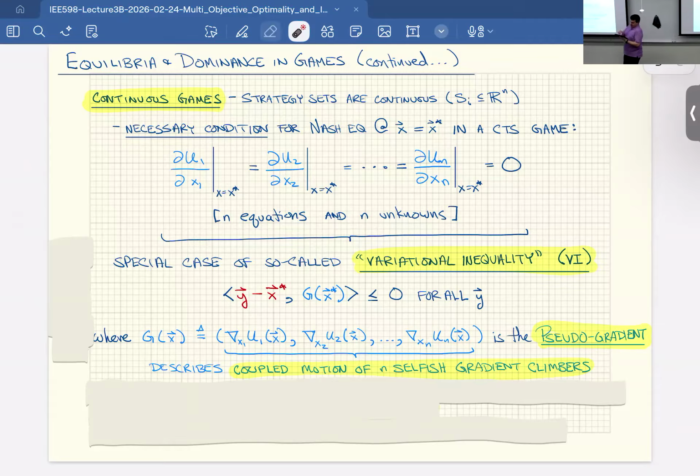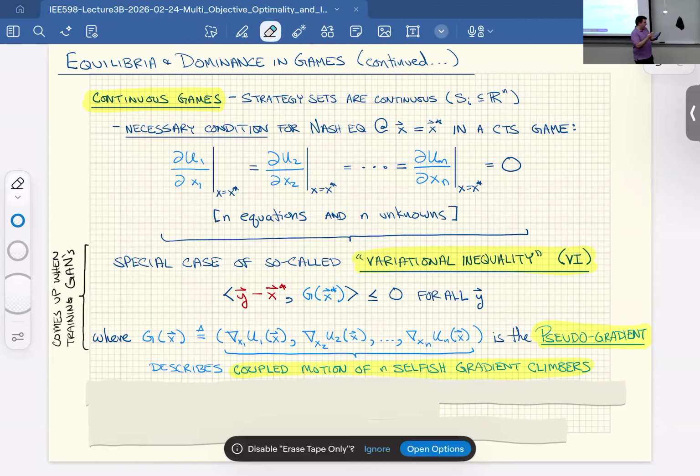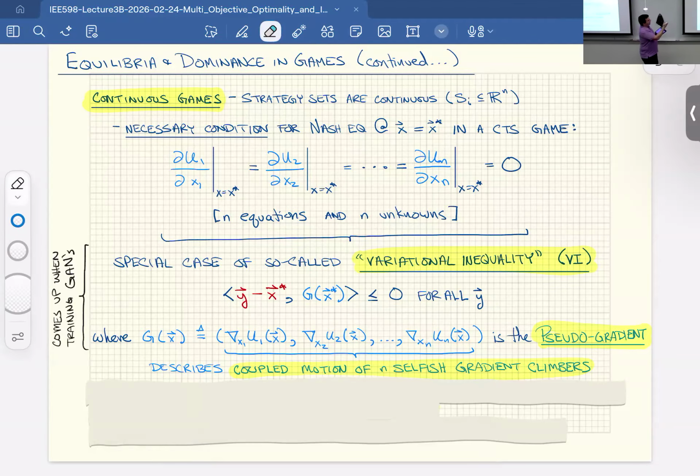And so this idea comes up in tuning, as I mentioned, generative adversarial networks, because in this case, if you're using stochastic gradient descent to train one neural network, and it is fighting with another neural network that's also being trained by stochastic gradient descent, then now you've got a system where one agent is following its utility function, its loss function, but it's affecting the utility, the loss of the other one, and vice versa.